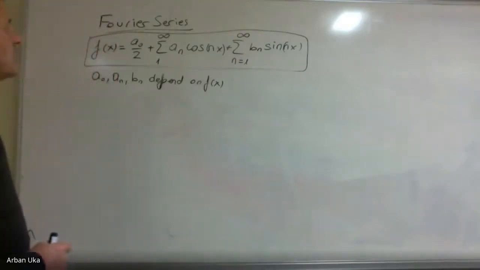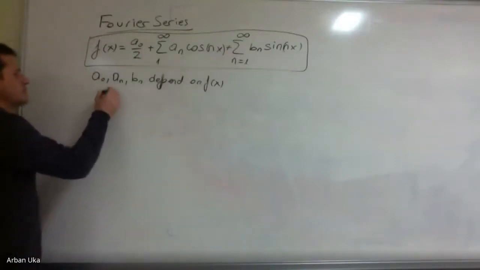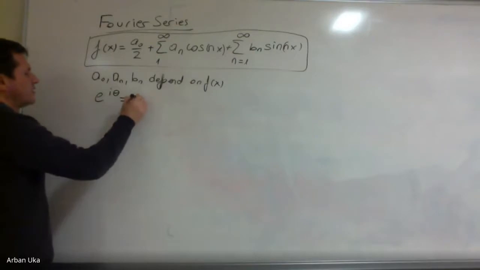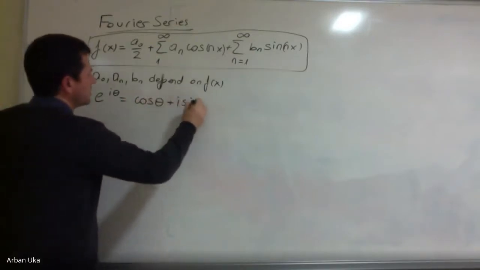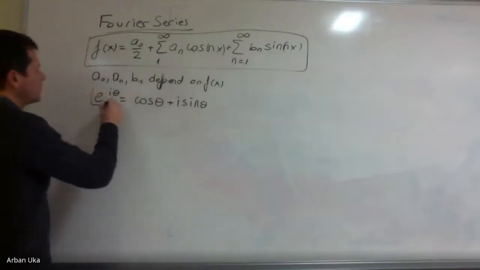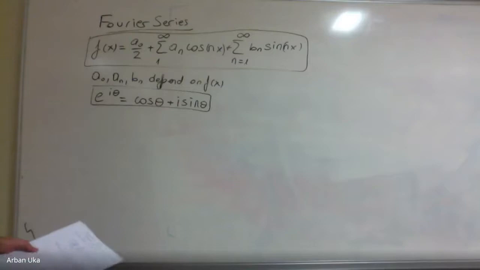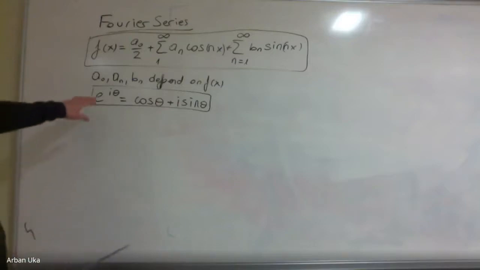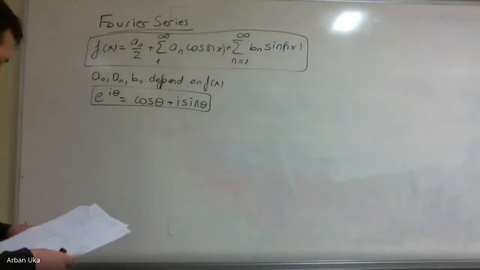We know that these can be written based on this important quantity, e to the power i theta, which is equal to cosine theta plus i times sine theta. So knowing this, we can state that any function can also be described as exponential functions.